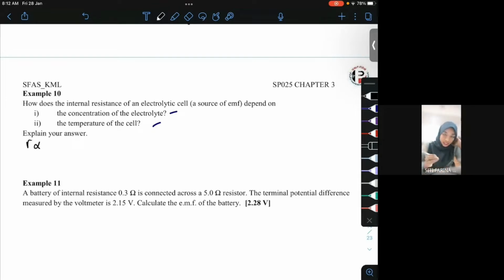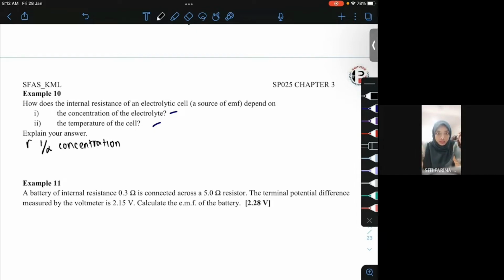So kamu tulis dalam full sentence. Okay. Ini hanya akan bagi kamu satu markah sahaja. You need to gather one more mark.